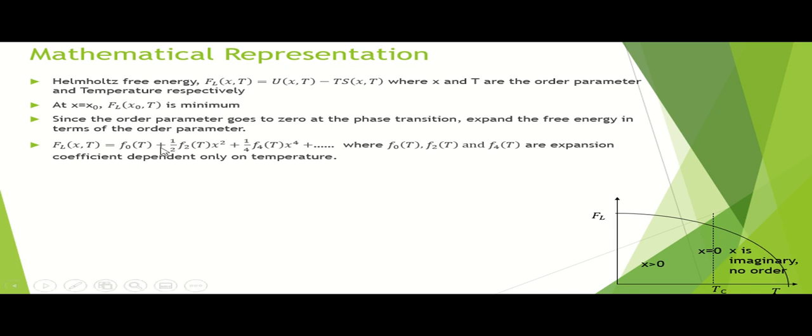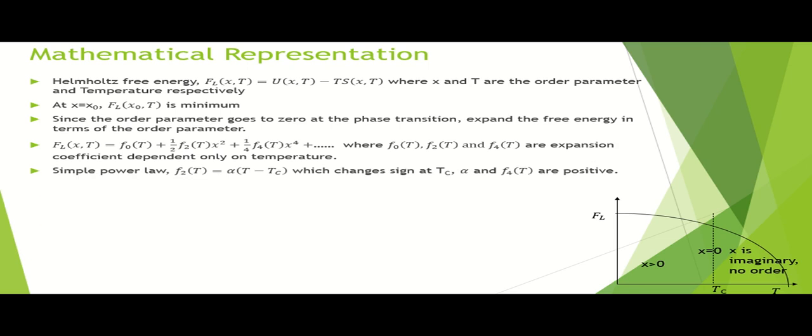If you look closely, we do not have odd terms; that is how this particular function is defined. The odd terms are supposed to be 0, and then there are certain conditions on this F2 and F4, so we will see that. F0, F2 and F4 are the expansion coefficients here, which depend only on temperature.